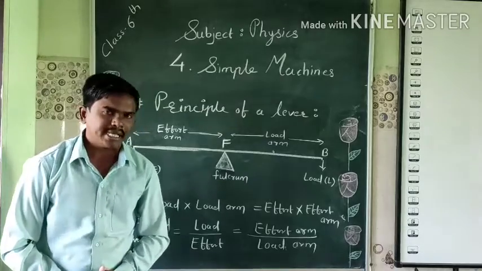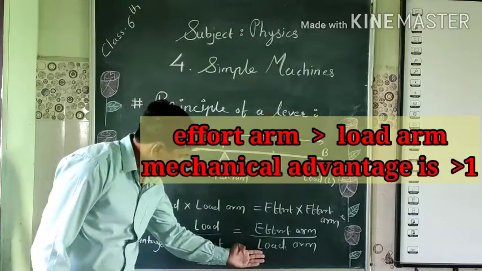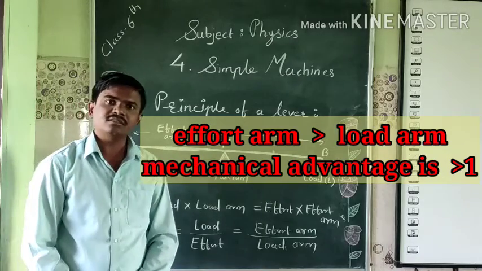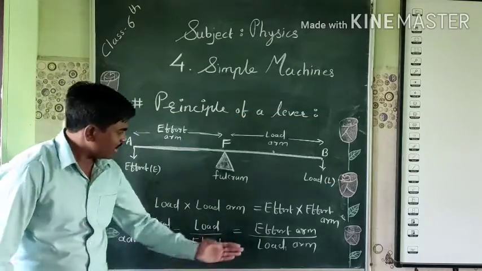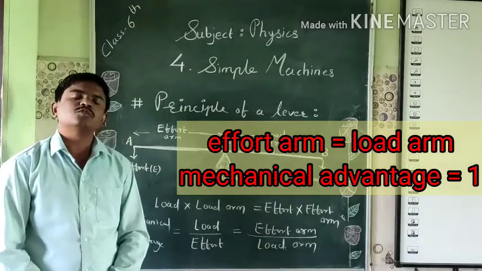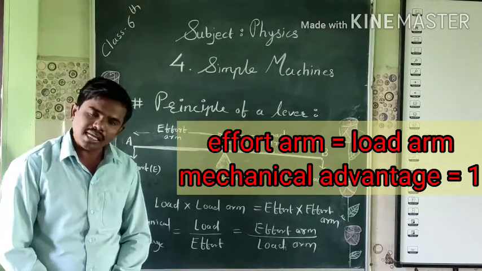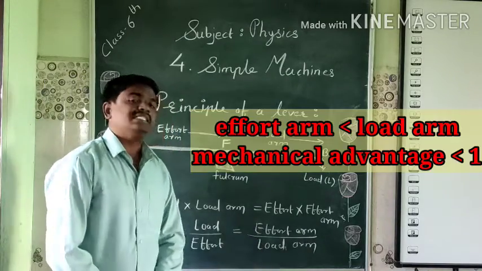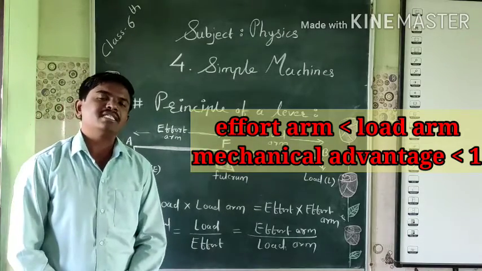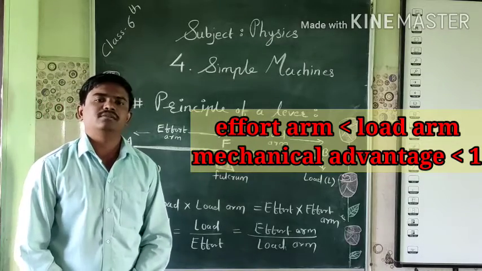And students, we can say that if effort arm is greater than load arm, then mechanical advantage is greater than 1, and if effort arm is equal to load arm, then mechanical advantage value is equal to 1, and if effort arm is less than load arm, then in that condition mechanical advantage value is less than 1.